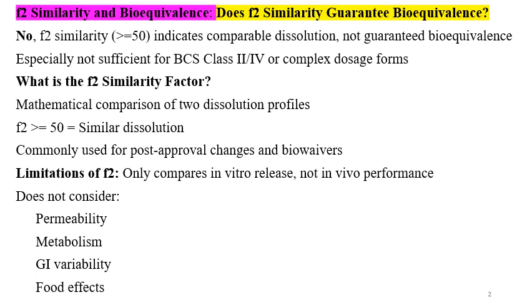So does F2 similarity guarantee the bioequivalence? The answer is no. F2 similarity, that is an F2 value above 50, indicates comparable dissolution, but it does not guarantee bioequivalence, and it is especially not sufficient for formulations which contain drug substances belonging to BCS class 2 or 4, and also for complex dosage forms.